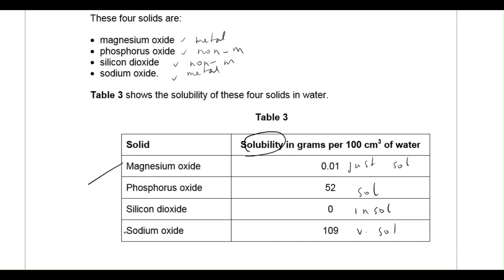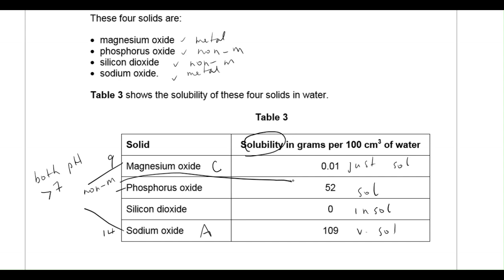So if we look at magnesium oxide and sodium oxide, they've both got a pH greater than 7. Magnesium oxide comes out at 9 and sodium oxide at 14. So from our data so far, sodium oxide must be A and magnesium oxide must be C. Also from the table above, phosphorus oxide, which is quite soluble, comes out with a pH of 3.